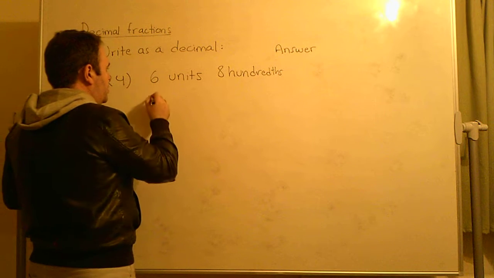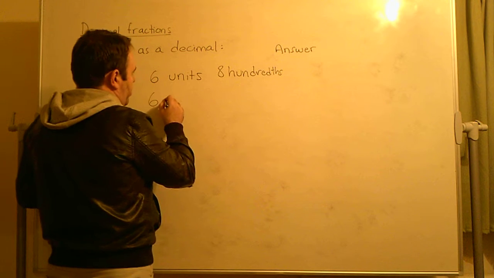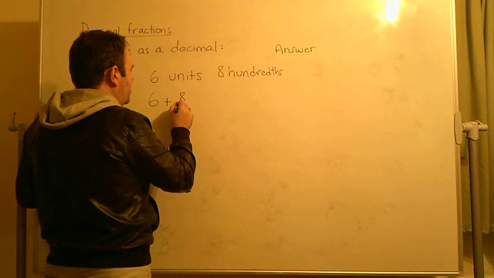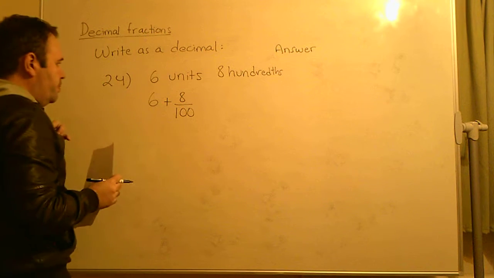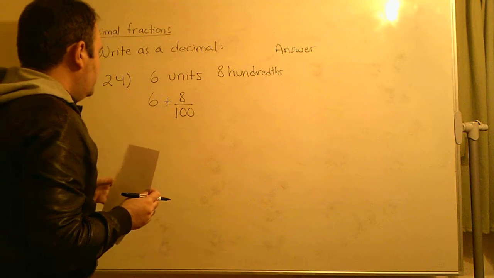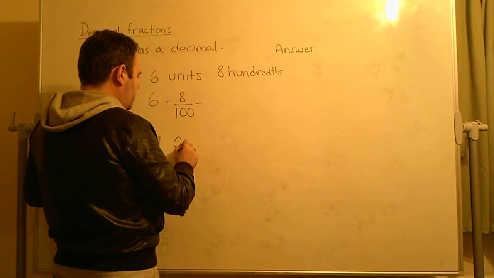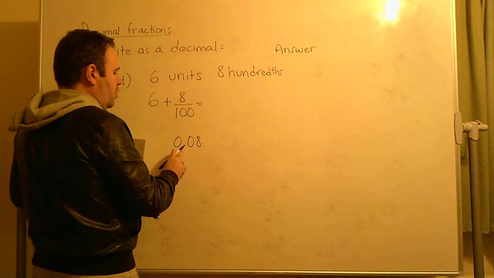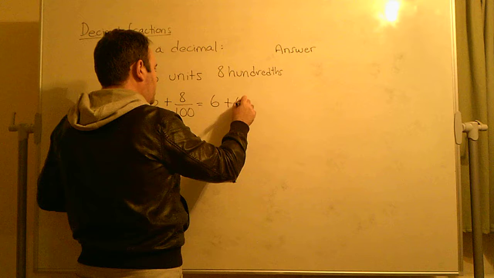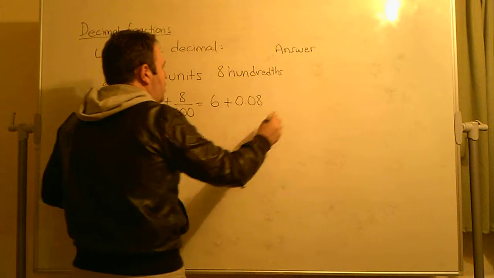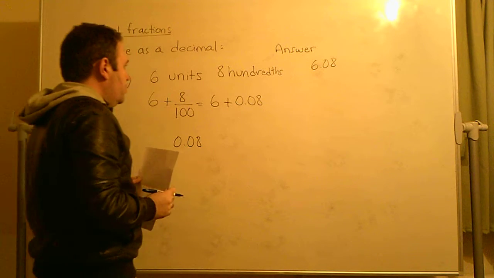So that will be 6 on the one hand, plus, if you want, 8 divided by 100. So this 8 divided by 100, we already know that it will be 0.08. So it will be 6 plus 0.08. So the answer will be 6.08. Okay?